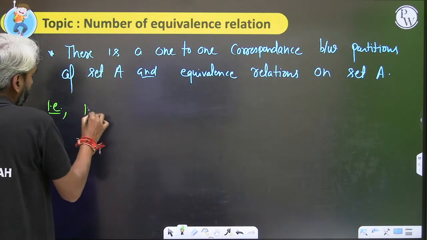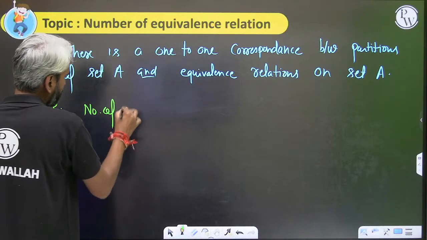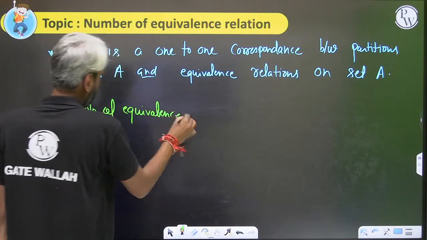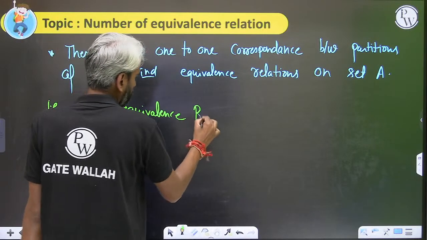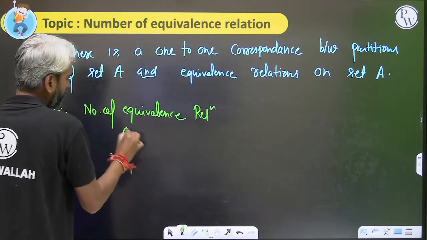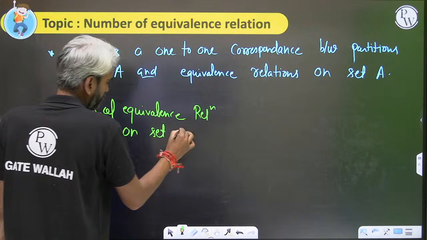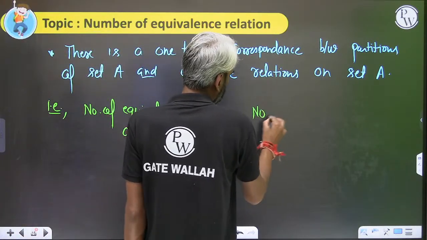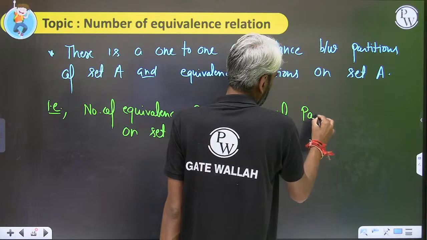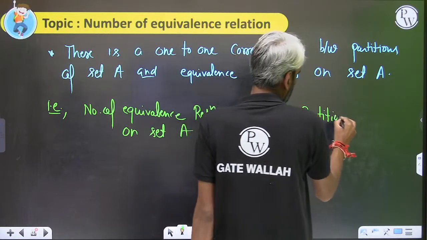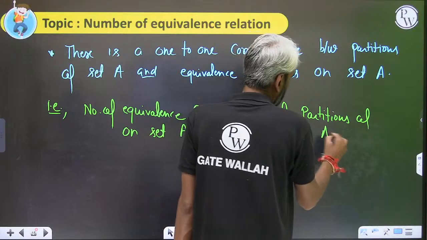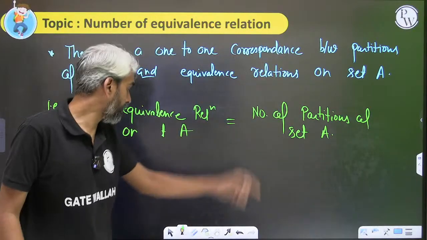That is, the number of equivalence relations on set A will be equal to the number of partitions of set A. As the equivalence relation changes, the corresponding partition will change.